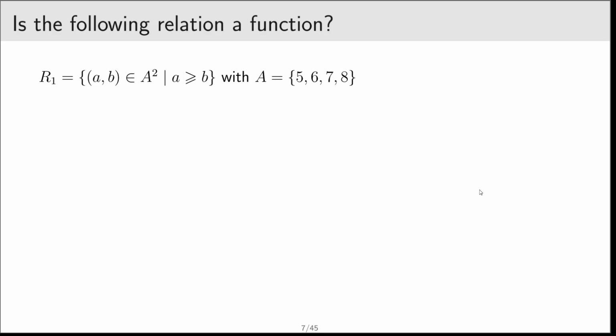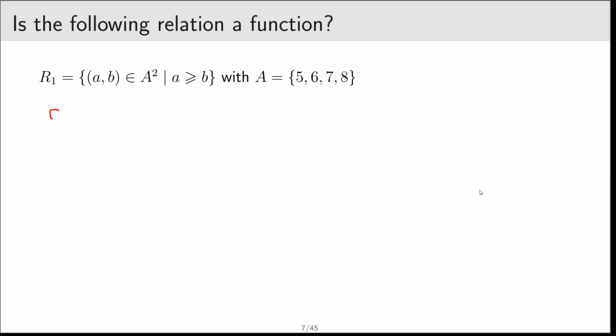For the first question, you're given R1, a binary relation on A, where A is the set containing the integers 5, 6, 7, and 8. So, is this a function? Well, because the underlying set, or the domain, is finite, we could simply draw the graph.